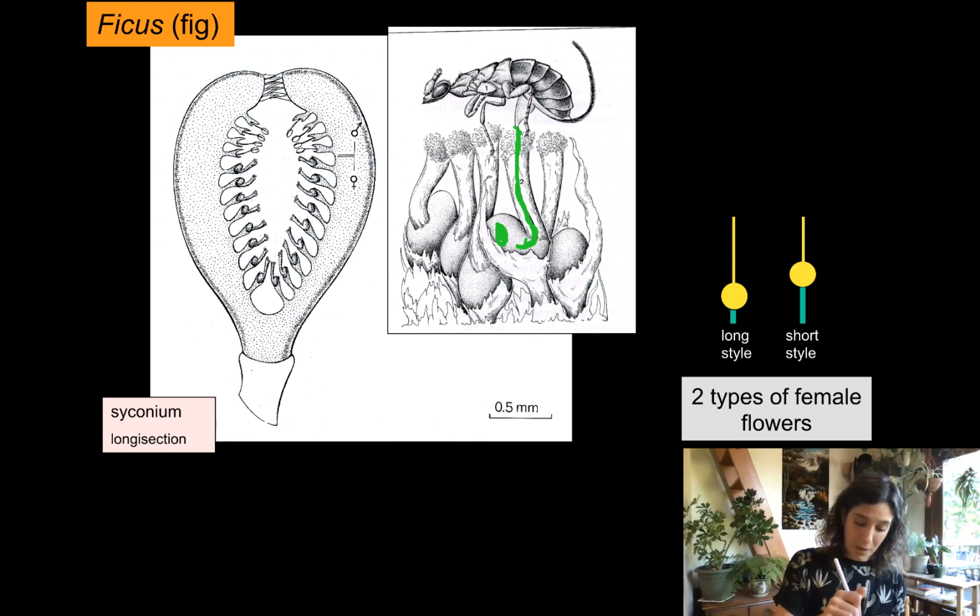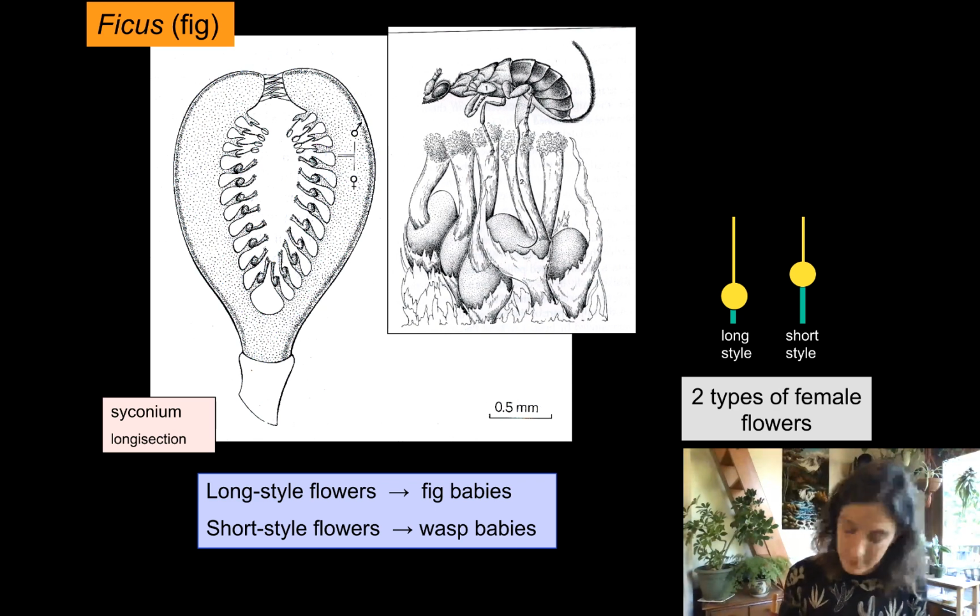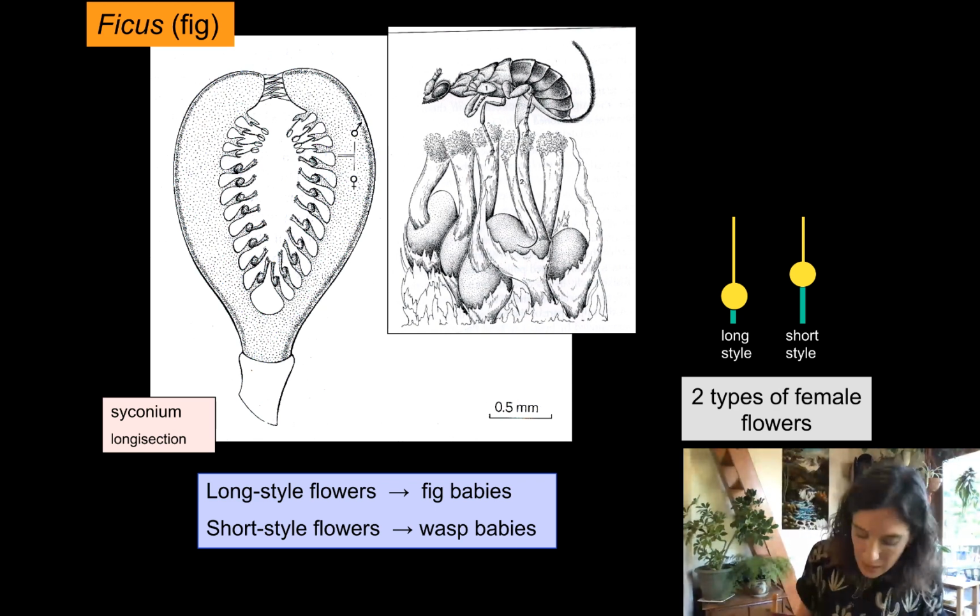These are fig flower ovaries, right? So she can't lay her eggs inside of these fig flower ovaries because the styles are too long. And so those ones with the long styles, they become fig babies, or in other words, seeds. The short-styled flowers, though, they become wasp babies. What? Okay, so mom dies, moving on.